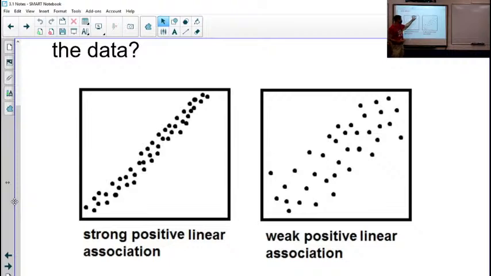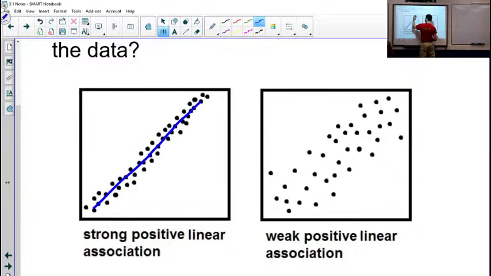This data has a much stronger association because the line that we would draw, which would be somewhere around here for both of them, gives much better predictions here than it does here. That's what I mean by a strong association. And we'll actually have a number that we'll talk about tomorrow that will be able to measure how strong the association is.